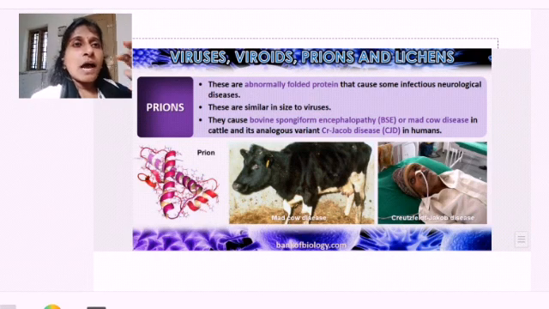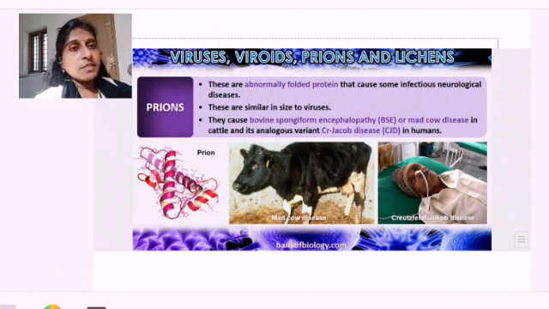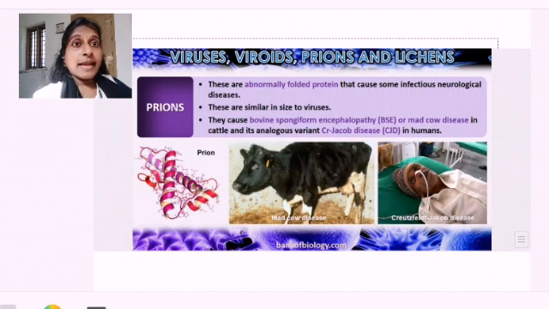Okay. Now prion. So what are prions? Our body has many proteins, but some proteins are abnormally molded, meaning they take some different structure which is like an antigen. Antigen means what? We cannot recognize what sort of material it is. Okay.